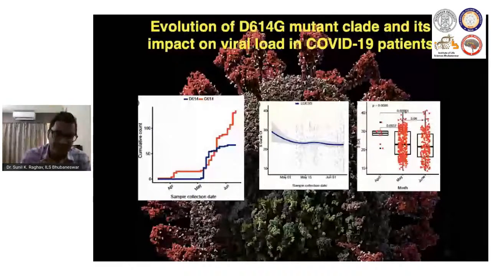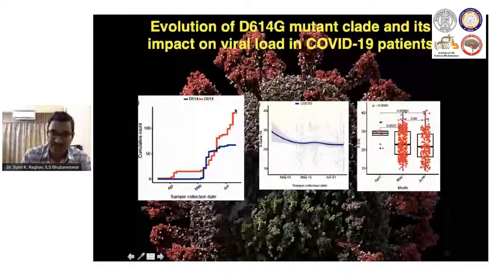So we found there is one mutation in a spike protein, the region that I told you is very important for this interaction of spike with the human host cell receptor ACE2. What we found is that it has more of this G614 as compared to the D614 mutation.